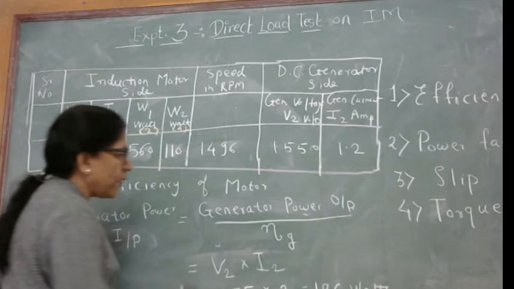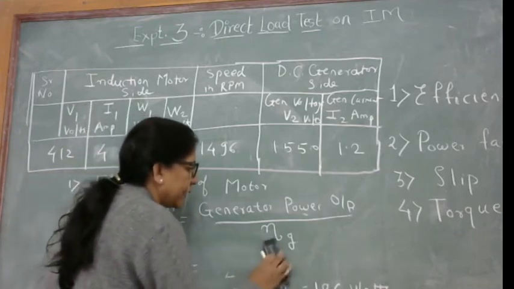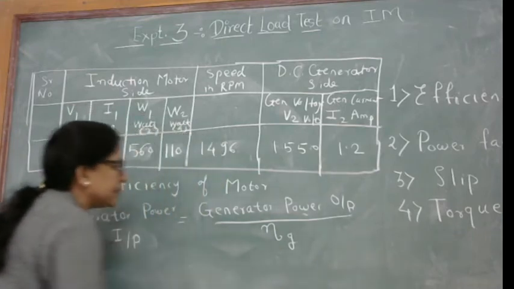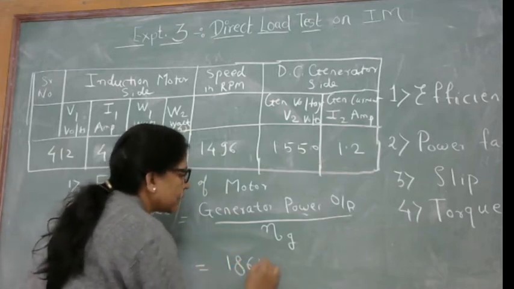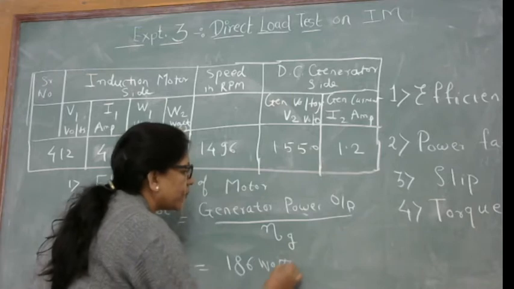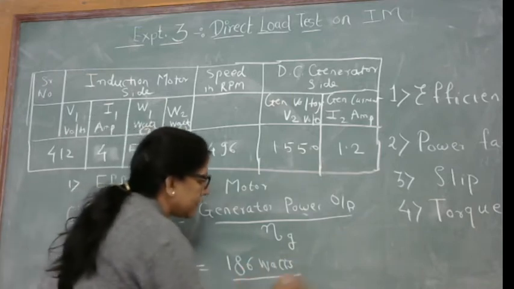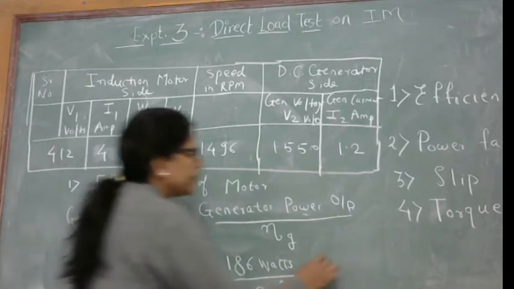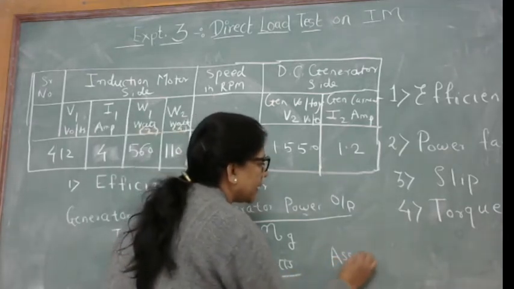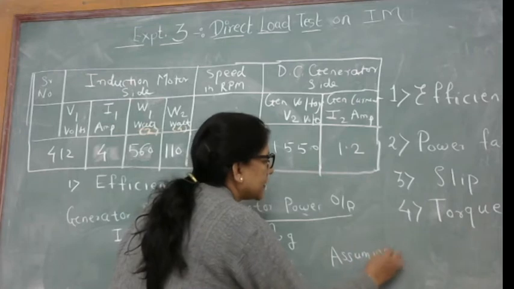So generator power output we have already calculated, and it is 186 watts. Let us assume that efficiency of the generator is 0.8.